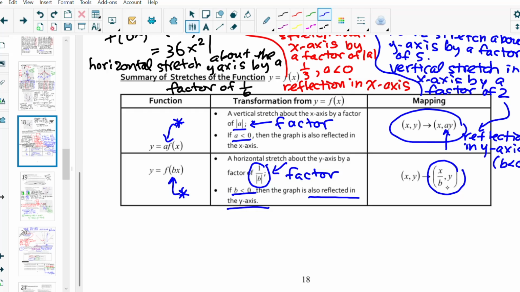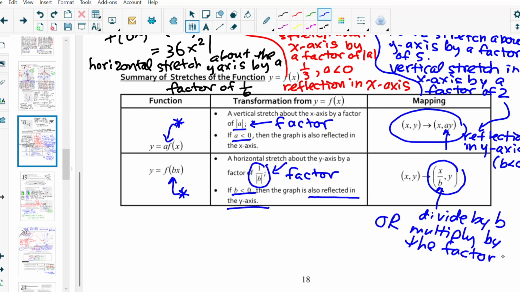Okay, divide by b. Or the other way to think about it is, we have to keep these two things straight. Dividing by b is the same as multiplying by the factor. Doing it either way is equivalent.